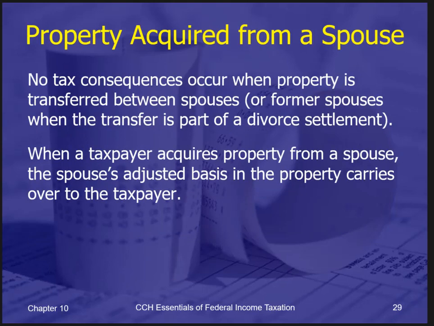Okay, from a spouse. The tax law doesn't want to make it hard to get things between spouses. So basically no tax consequence. So your basis when you give it to your spouse, whether this is in a divorce or any other type of scenario, it's just transferred, and the basis transfers with it.